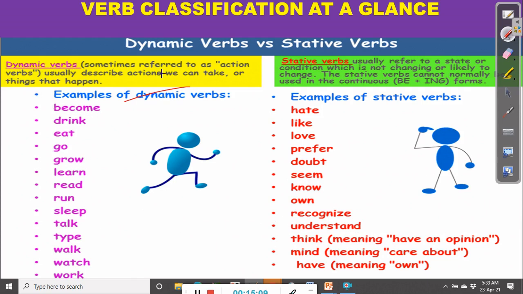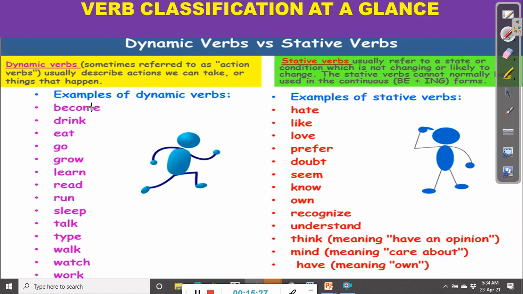Dynamic verbs, sometimes referred to as action verbs, usually describe actions we can take or things that happen. All right, things that happen. So that's talking about dynamic verbs.